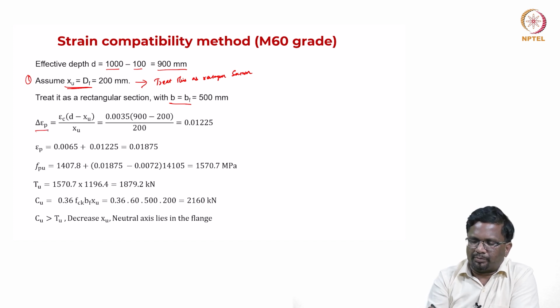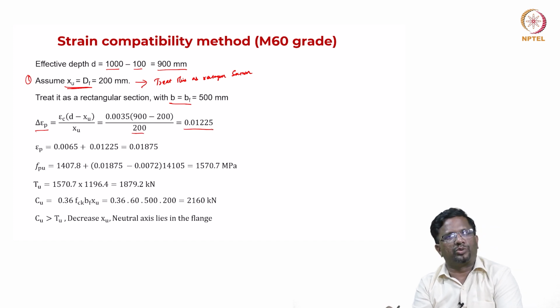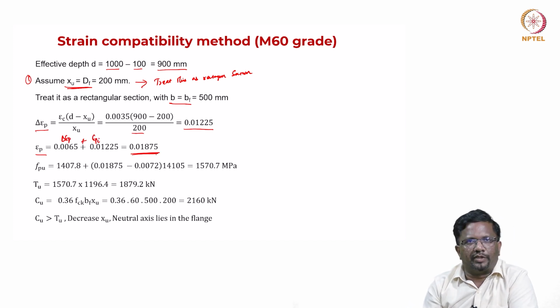Now, delta epsilon P we know from strain compatibility, which is 0.0035 times D minus XU by XU, which is 0.01225, and the total strain will be delta epsilon P plus epsilon Pi, which is 0.01875.